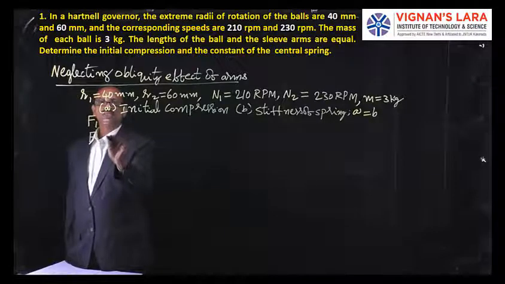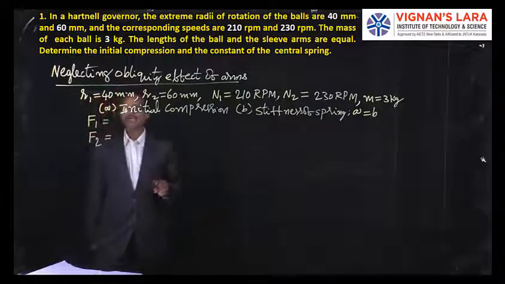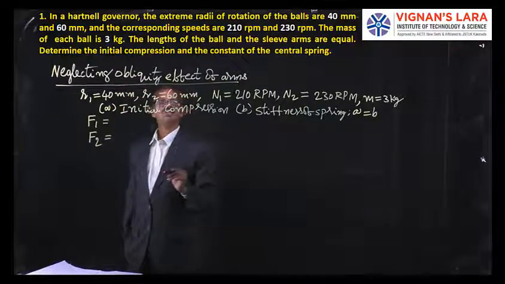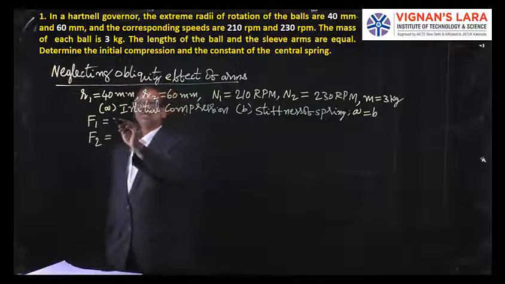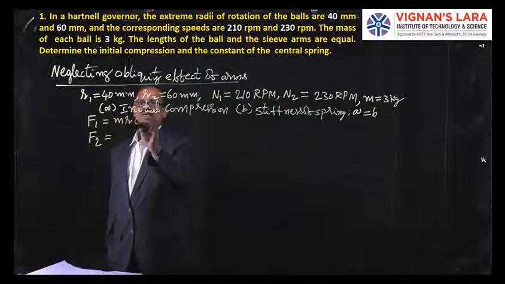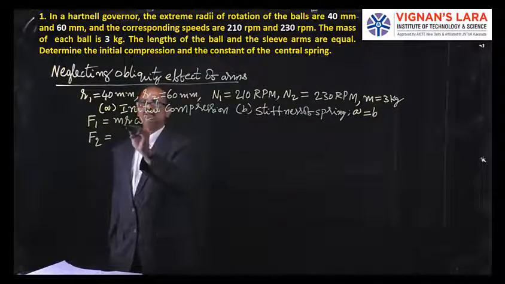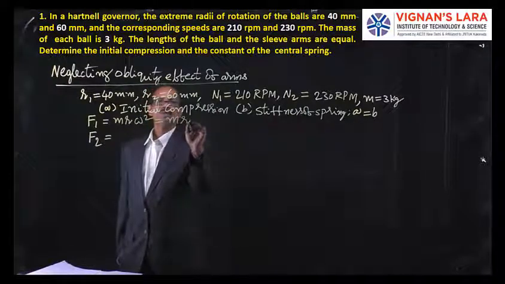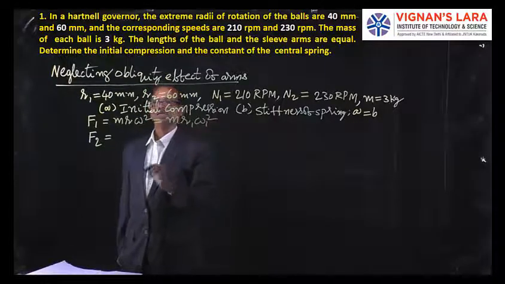That is the centrifugal force corresponding to radius of rotation 1 and radius of rotation 2. We know F is m r omega square. So 1 stands for lower speed, that is m r1 omega 1 square.